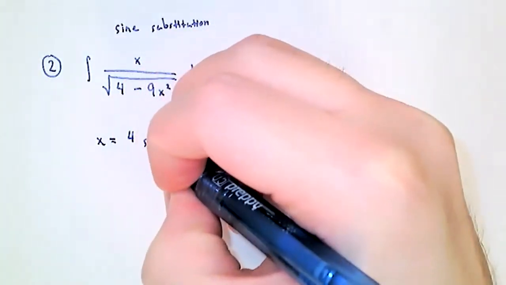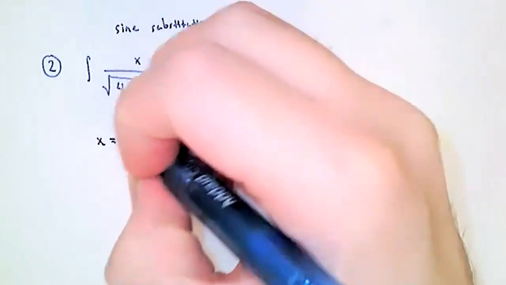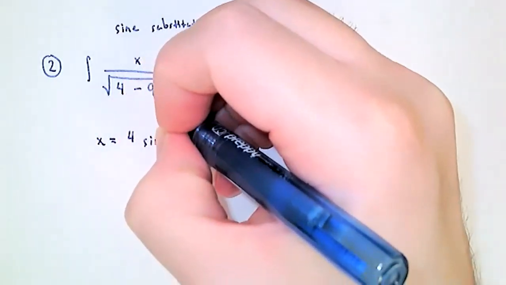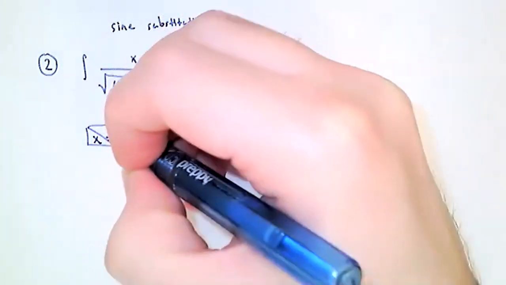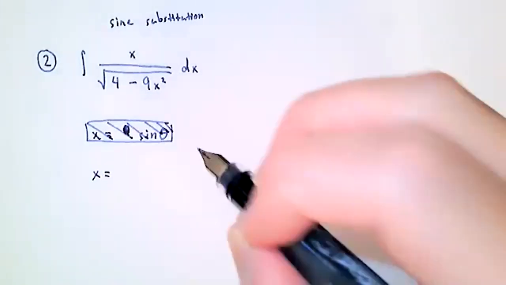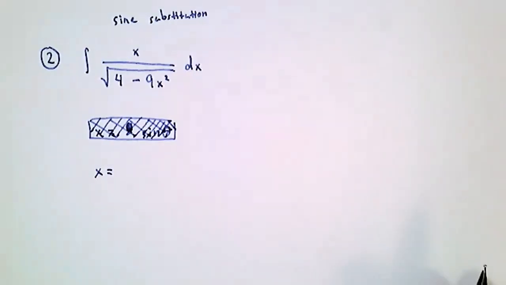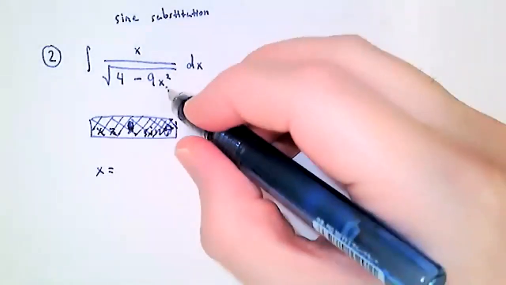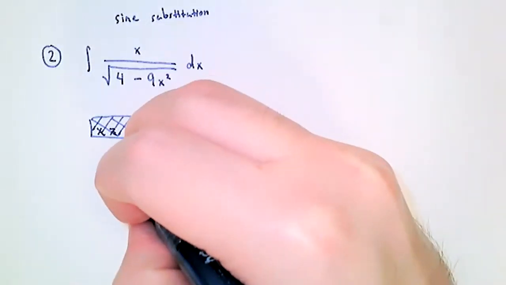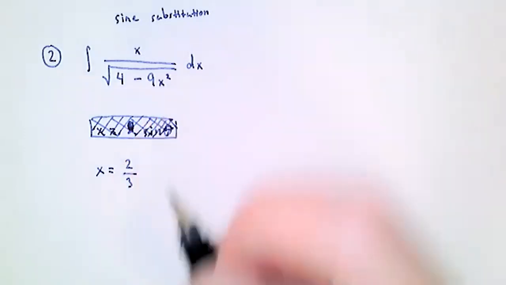and then a sine, but I need to somehow get rid of the 9. And let me just try this again. Make it a little bit cleaner. Okay, so in order to end up with a 4 after we square, we'll have to write a 2. But in order to cancel off the 9, we'll have to divide through by 3.